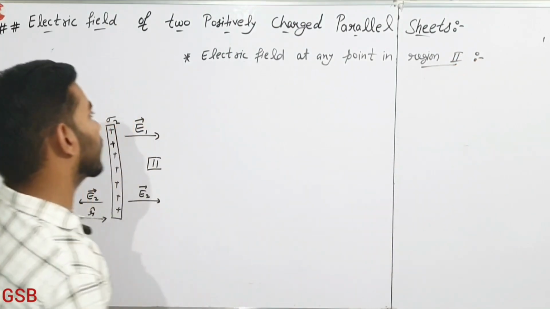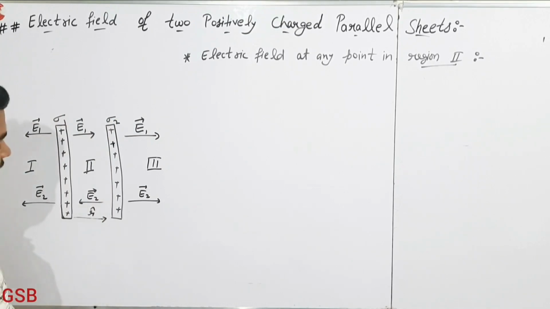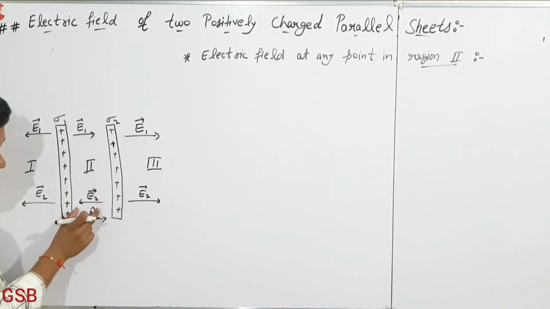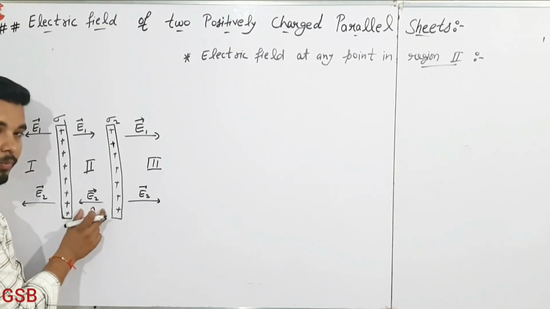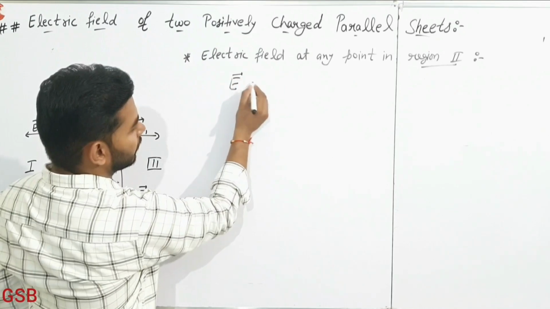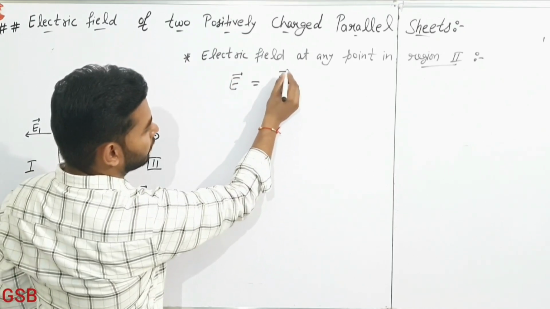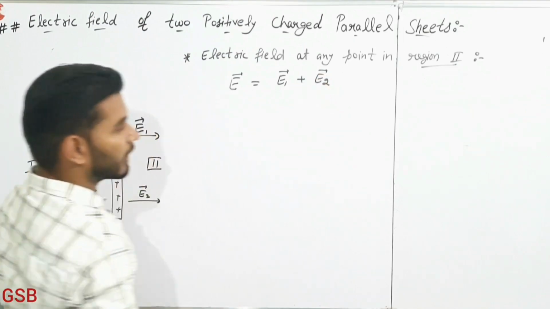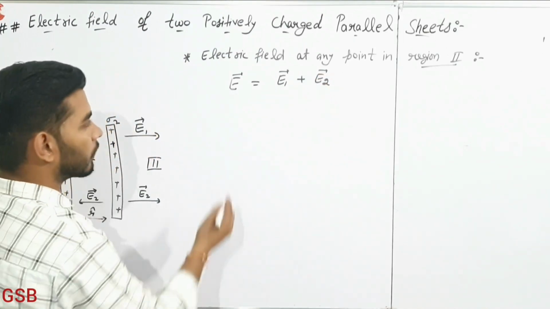Second region की बात कर रहे हैं अभी हम. Okay, in the second region we see that electric field E1 is opposite to electric field E2. So total electric field is equal to E1 plus E2. Write the value of E1 and E2.